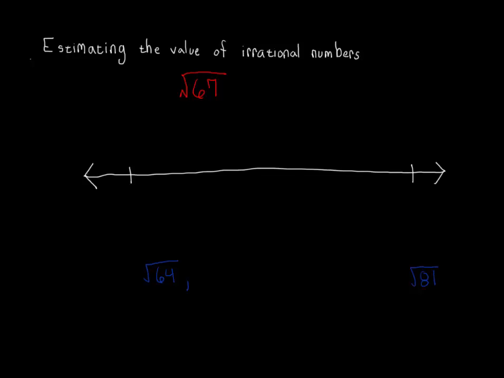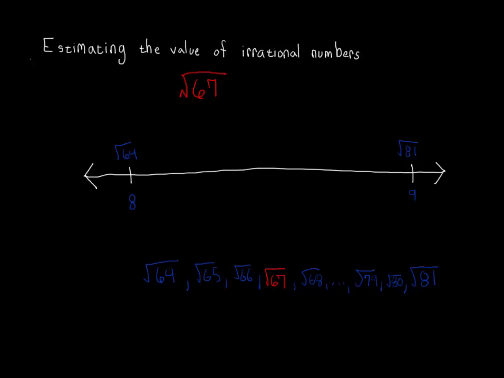So the square root of 67 has got to fall somewhere in between the square root of 64 and the square root of 81. So we've got square root 65, square root 66, square root of 67. So you can see that the square root of 67 is really much closer to the square root of 64 than it is the square root of 81. They're only 3 apart, and 67 and 81 are 14 apart.